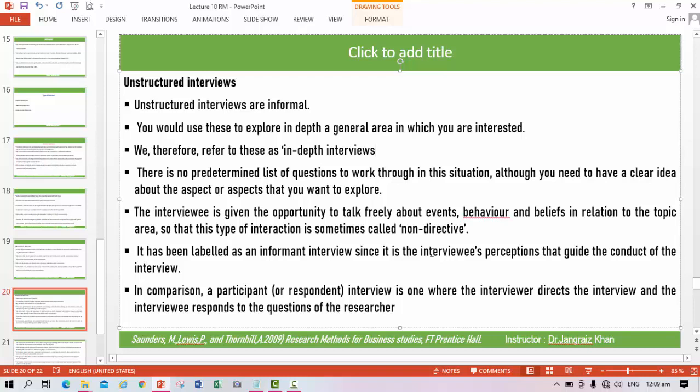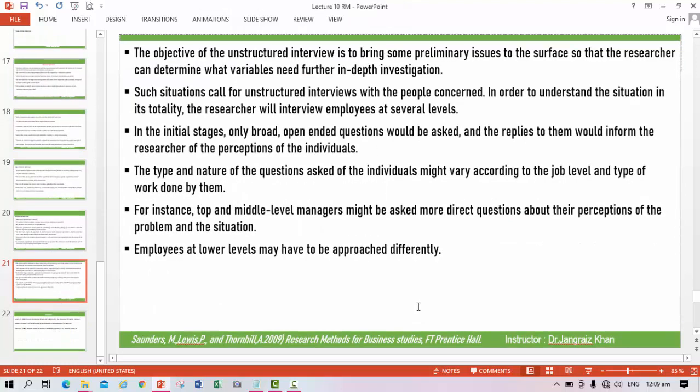It has also been labeled an informal interview, since it is the interview participants' perceptions that guide the conduct of the interview. In comparison, a participant interview is one where the interviewer directs the interview and the interviewee responds to the questions of the researcher.